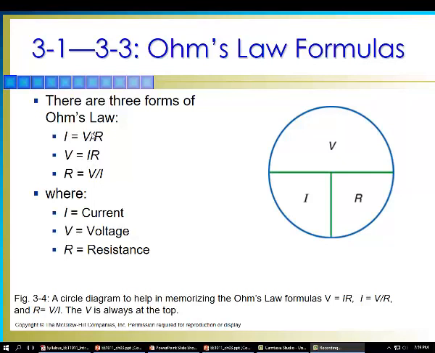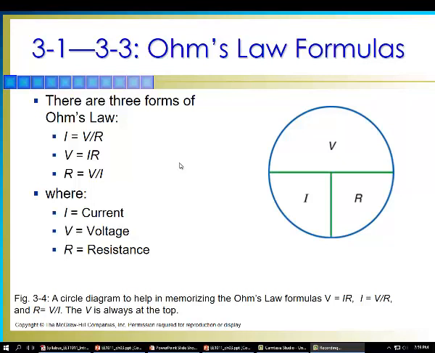If we solve for voltage, we get that the voltage equals the current times the resistance. Or if we need to solve for the resistance, then we can say that the resistance equals the voltage divided by the current on a resistive circuit.